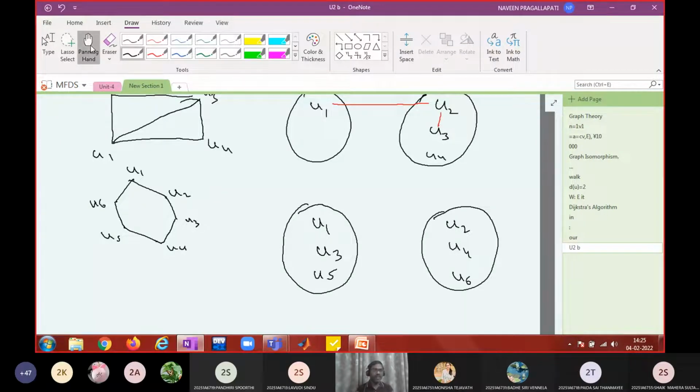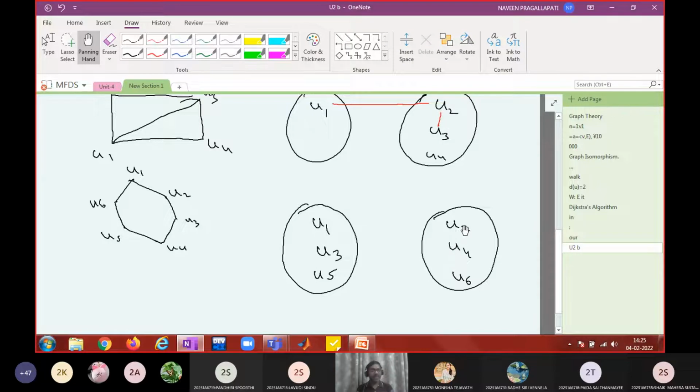Now are these adjacent? U1, U3 are not adjacent, U3, U5 are not adjacent, and U1, U5 are also not adjacent. So this is fine. What about U2, U4? U2, U4 are not adjacent, and U4, U6 are not adjacent. U2, U6 are also not adjacent.